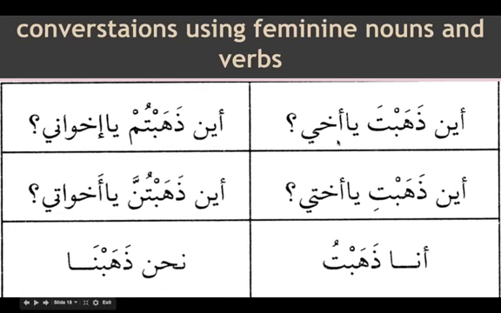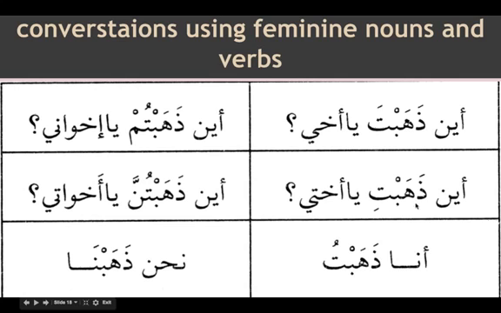So this is how we use it in different situations. أين ذهبت يا أخي. So where did you go, oh my brother, if it is one person. If it is plural, jam'u, we say أين ذهبتم يا إخواني, oh my brothers.